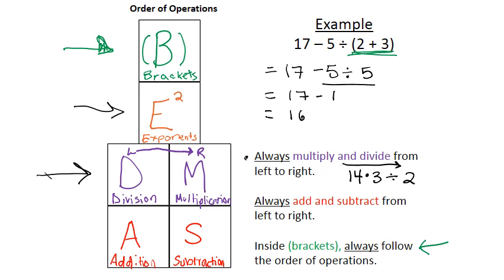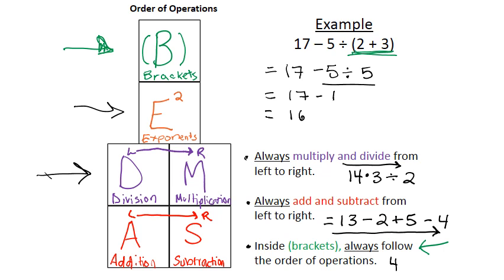The same goes for addition and subtraction. You always add and subtract from left to right. An example of that would be if you had 13 minus 2 plus 5 minus 4. You would complete that problem from the left, working your way to the right. The last point we talked about before is that down here, inside brackets, you always follow the order of operations.